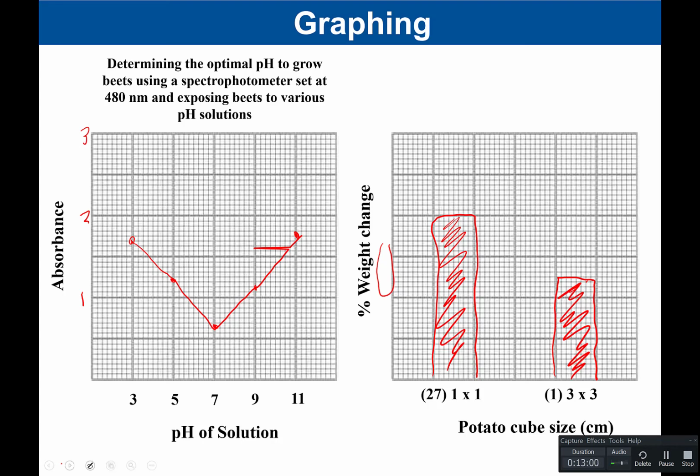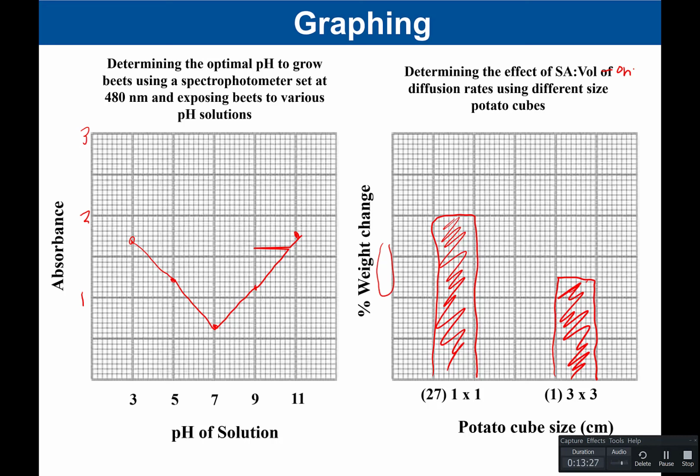So your title for this one: Determining the effect of surface area to volume ratio on diffusion rates using different size potato cubes, right? That's what we're trying to accomplish in this experiment. What is the effect of surface area to volume ratio on diffusion rates using different size potato cubes?